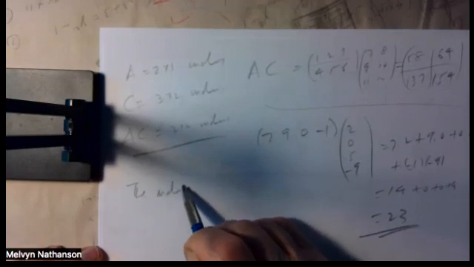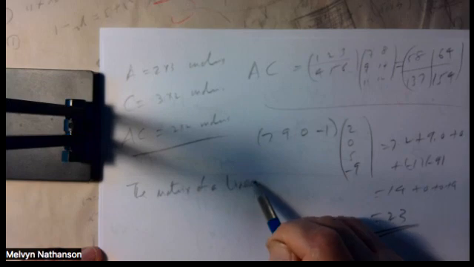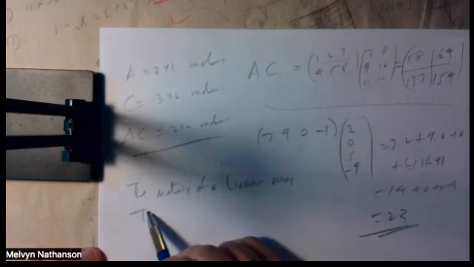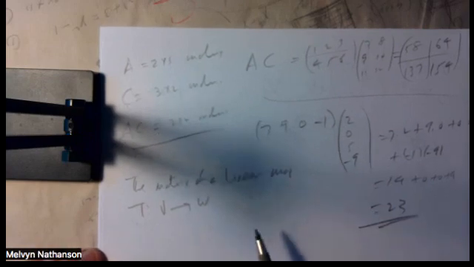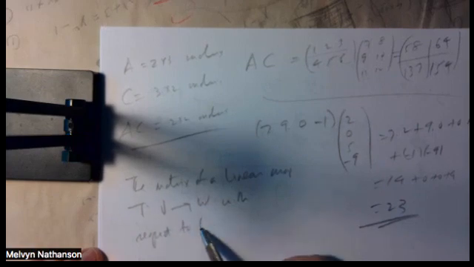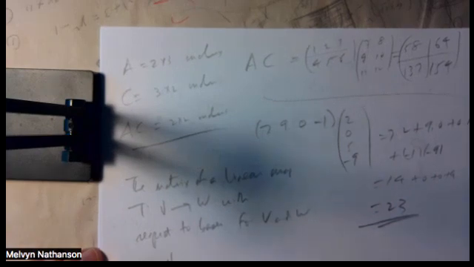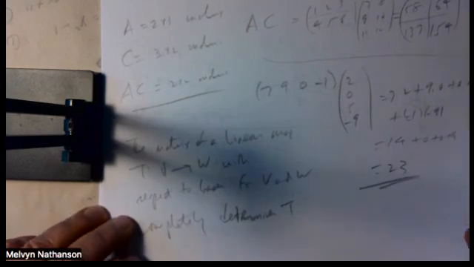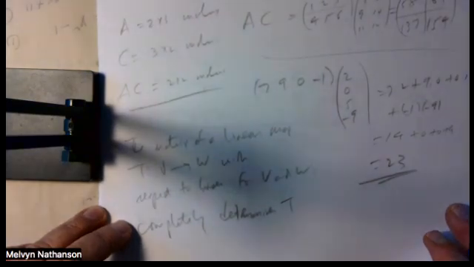The matrix of a linear map T from V to W with respect to bases for V and W completely determines T. So once you have the matrix for a linear map, it's easy to calculate T. So let me give an example.